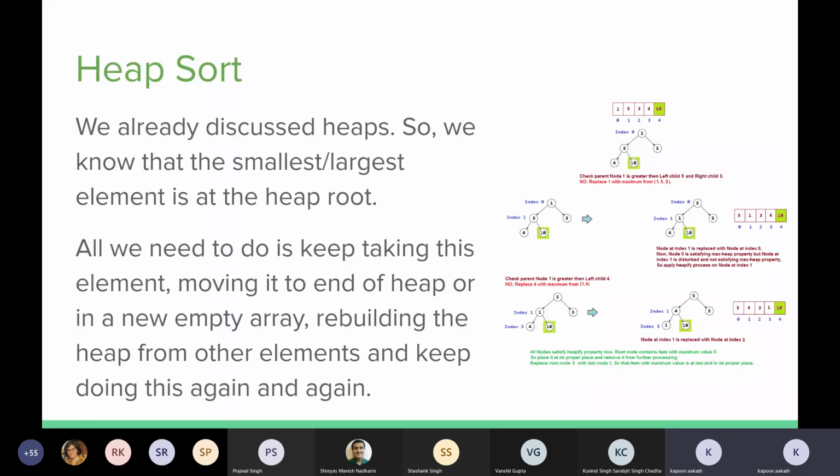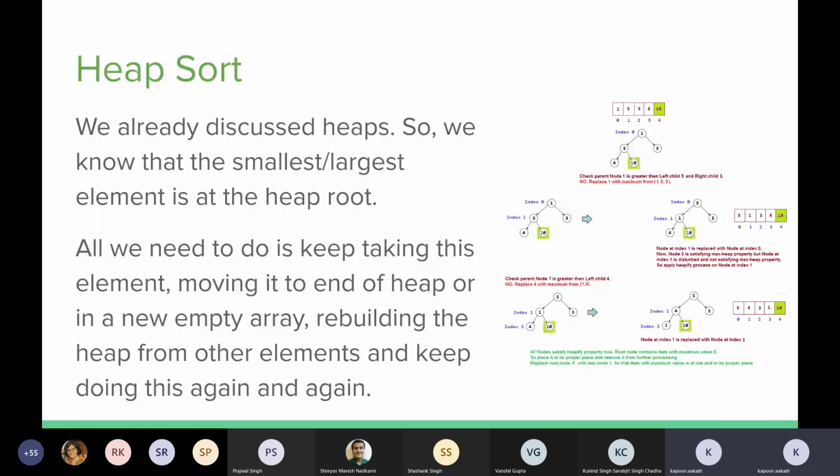So the first time you take log n steps to build the heap, the second time log n minus 1 steps to rebuild it, then log n minus 2, and so on till the end, where you take log 1 step. Now add these up: log 1 plus log 2 up to log n is log n factorial, which is bounded by n log n. So that becomes your complexity of doing heap sort.